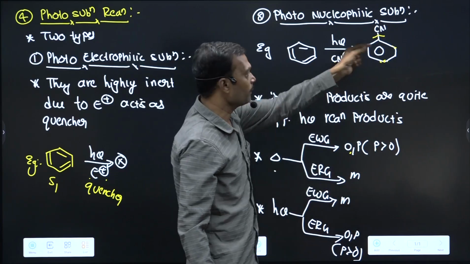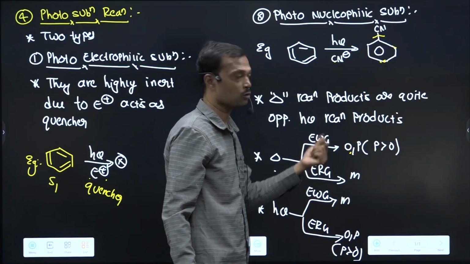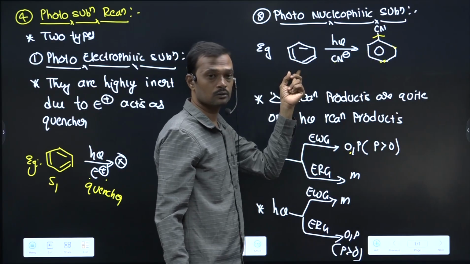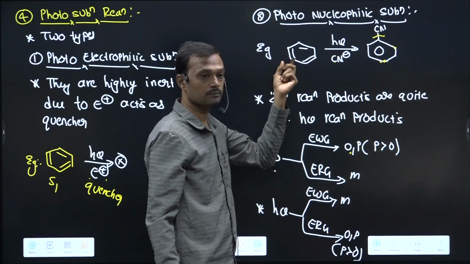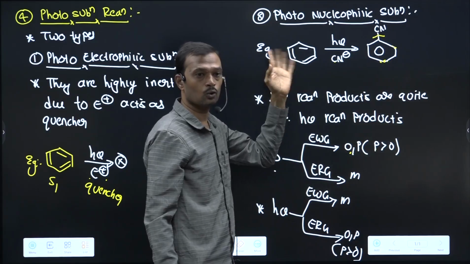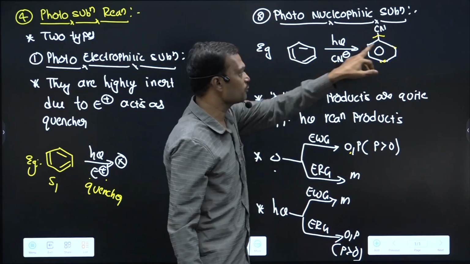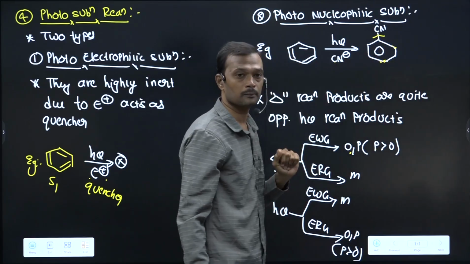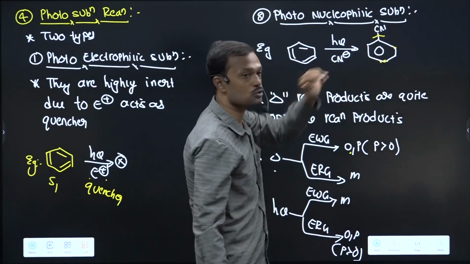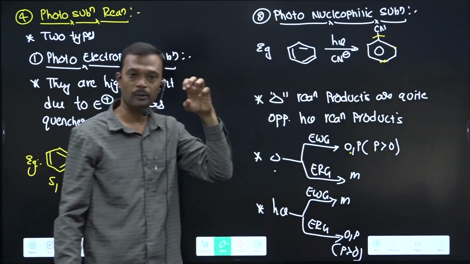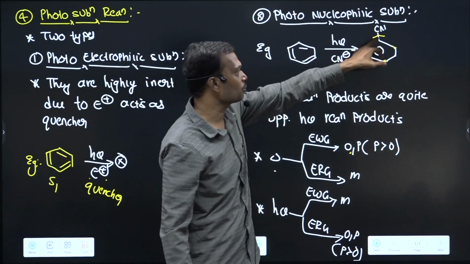When benzene carries any group, what type of group is present here? On this benzene, any group? No group. Here no problem at all. This kind of molecule, no problem. Suppose I want this molecule to participate photochemically or thermally, at that time you need to see the nature of the substituent, whether it is a deactivating group or an activating group.